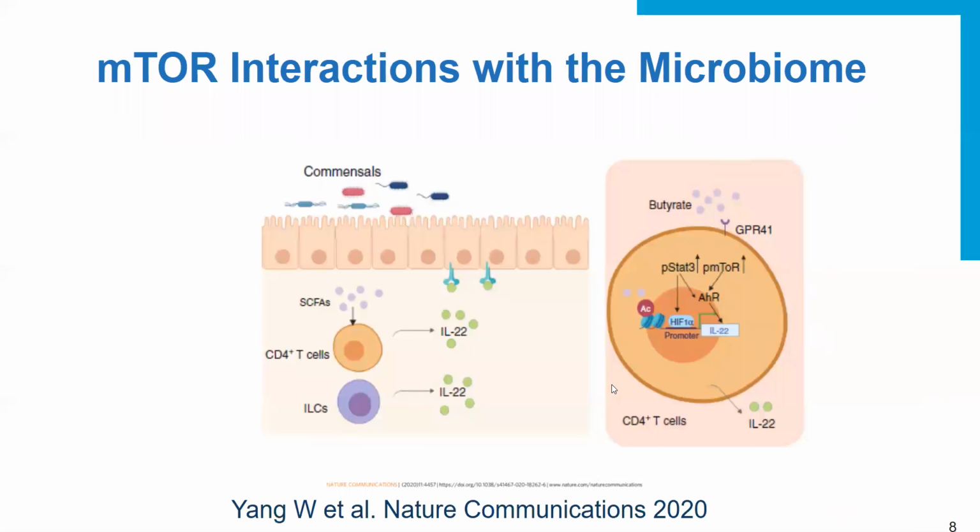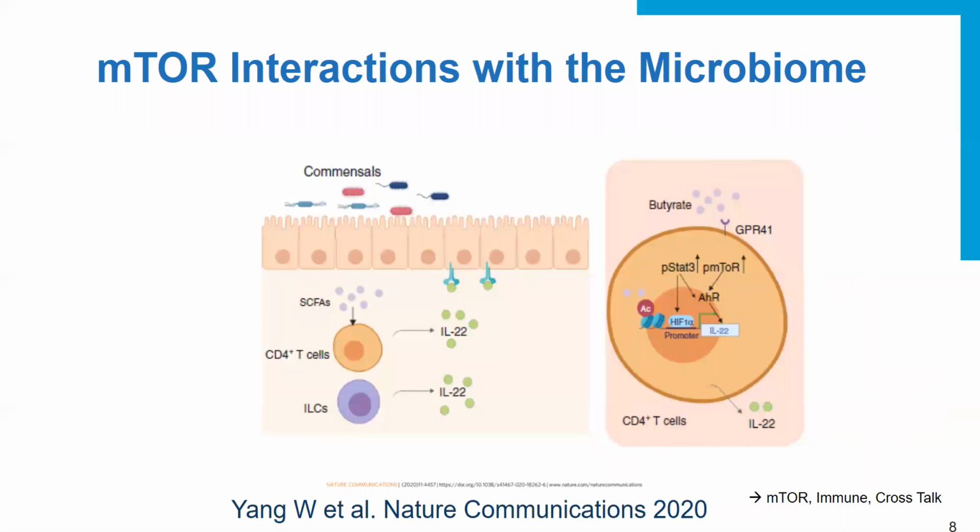And recently, mTOR has been shown to interact with the microbiome in a paper published by Yang et al. in Nature Communications. They have shown in the CD3 T cells, CD4 T cells, that the phospho-mTOR regulates the microbiome and short-chain fatty acids, as well as the butyrate. So these interactions with the microbiome inspired us.